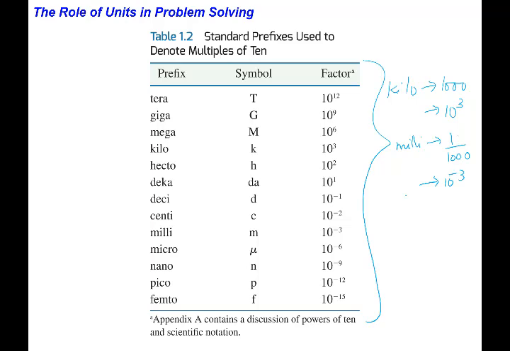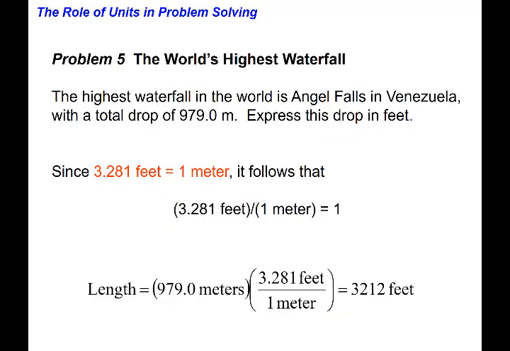We are not using micro yet; I'll let you know. Hecto, we generally don't use. But these two you should definitely know. Apart from that, this chapter will have a lot of other questions too.